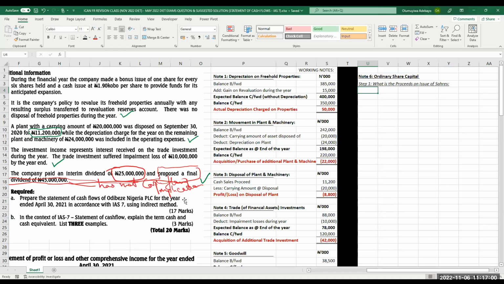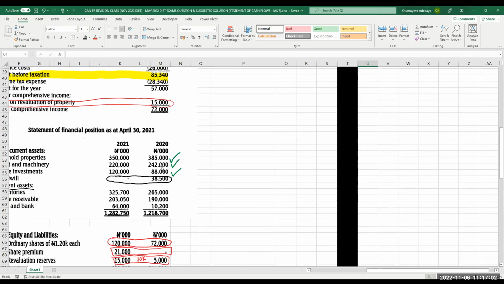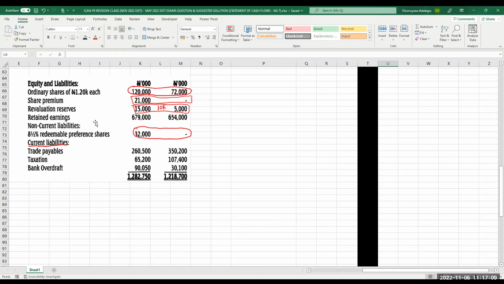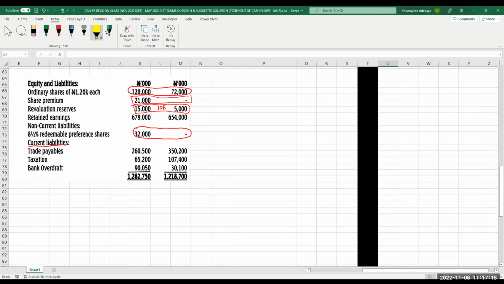Now, the first thing is that in 2020, the share capital was 72 million.